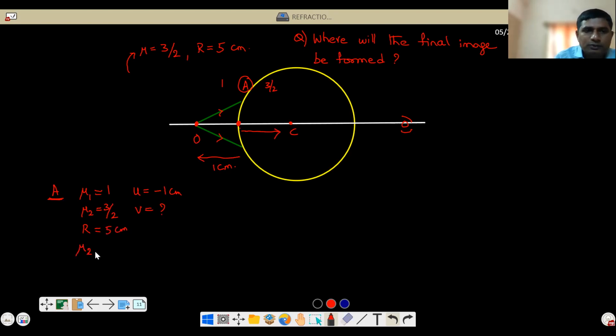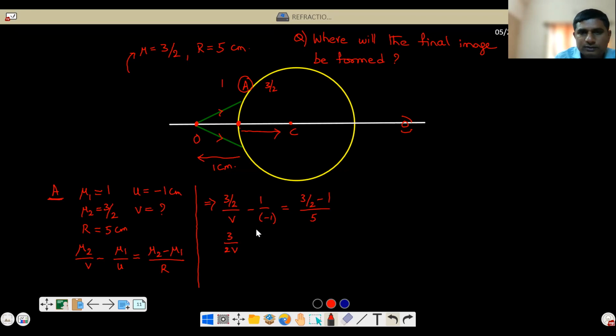Now apply the formula: mu2 by V minus mu1 by U is equal to mu2 minus mu1 by R. So 3/2 by V minus 1 by -1 is equal to 3/2 minus 1 by 5. So 3/2V plus 1 is equal to 1/10. That means 3/2V is equal to 1/10 minus 1, which is 1 minus 10 by 10, equal to -9/10.